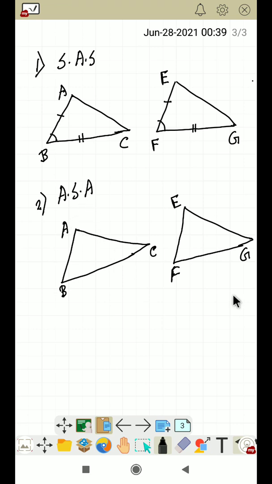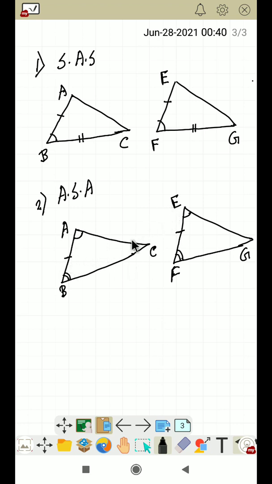What does it mean? Suppose this angle is equal to this angle, this side is equal to this side, and this angle is equal to this angle. That time you can say that these two triangles are congruent.